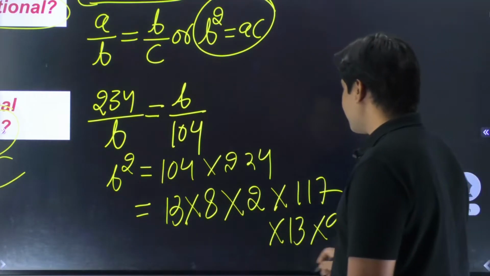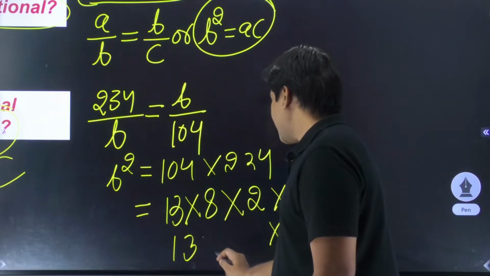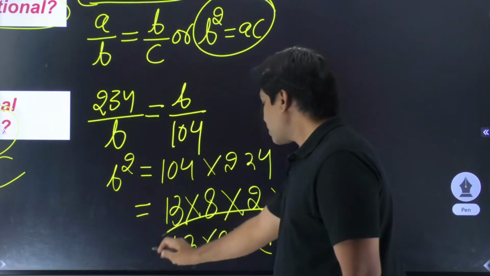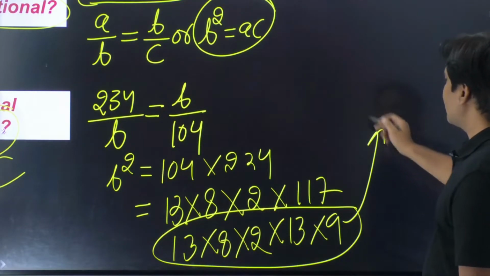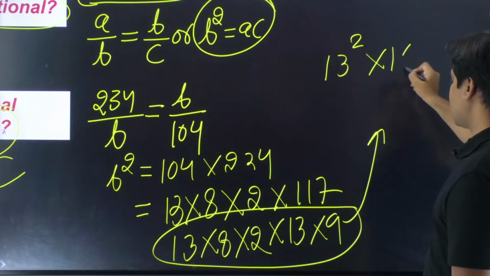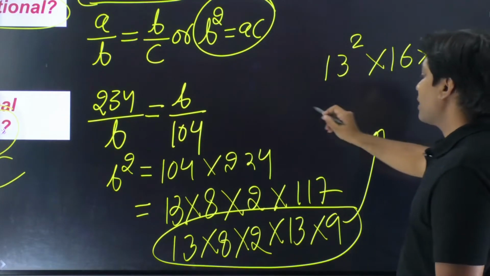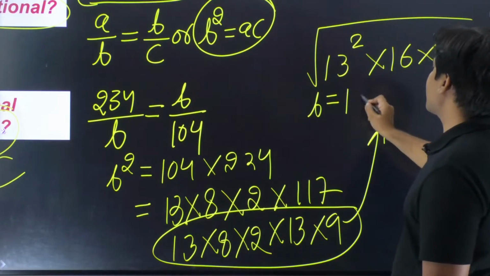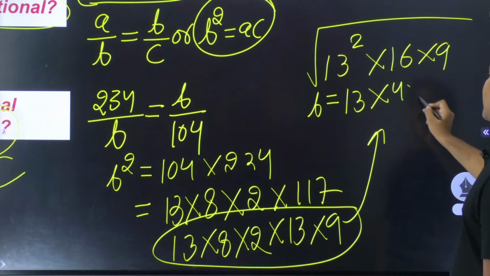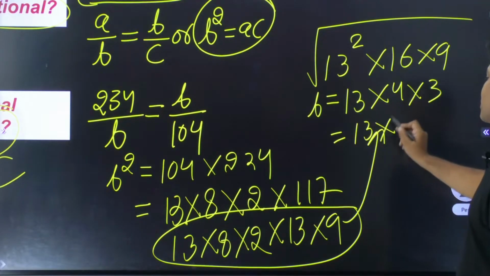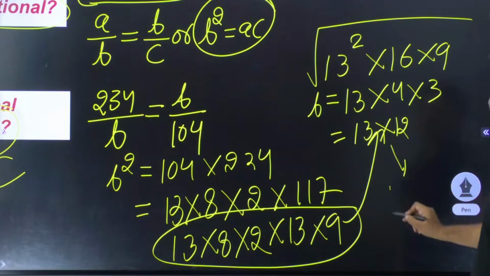So this is 13 into 8 into 2. Or you can write this as 13 square into 16 into 9. So the value of B is going to be what? The value of B will be the square root of this, which is 13 into 4 into 3. So 13 into 12, the value is going to be 156.